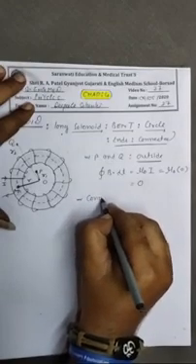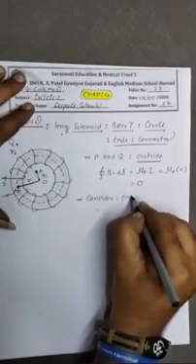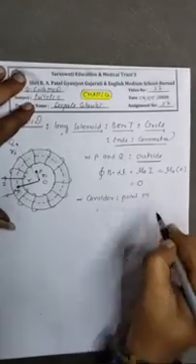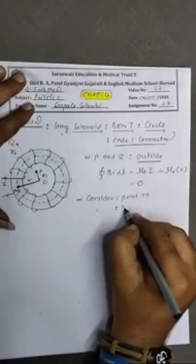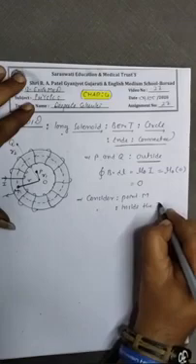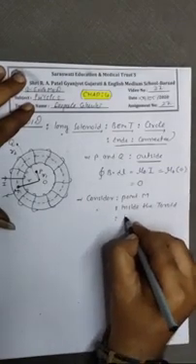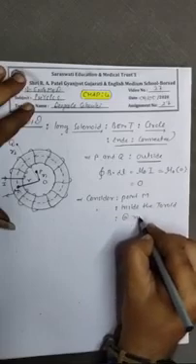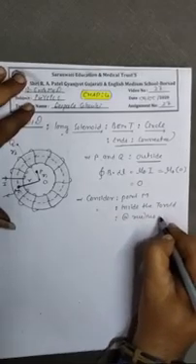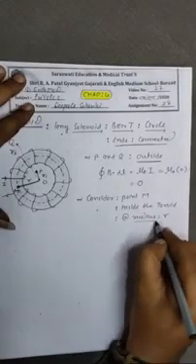Consider point M which is inside the toroid and which is at a radius small r. Got it?